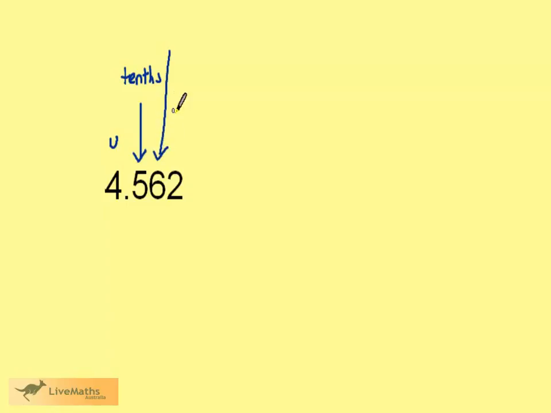The next column, as discussed previously, is known as the hundredths column, so we have 6 hundredths. The next column after that is the thousandths column, so we have 2 thousandths.